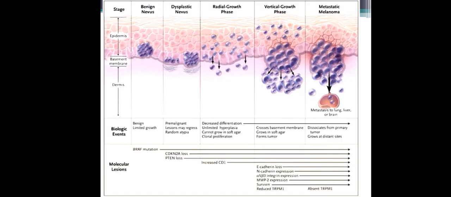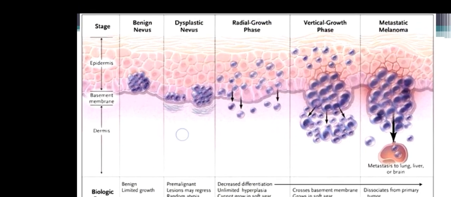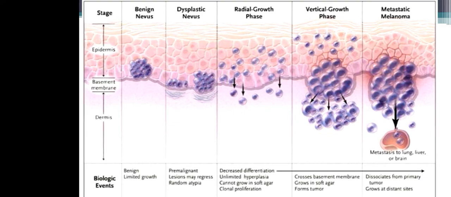Now this is another picture. It is given in your Robbins also. See here you can see the evolution of a melanoma. See the first stage, the melanocytes, these benign nevus cells, it is involving just the dermis. In the second stage, it goes to a dysplastic nevus, an intermediate phase where it is showing some features of malignancy, but it is within the epidermis or within the confines of the basement membrane.